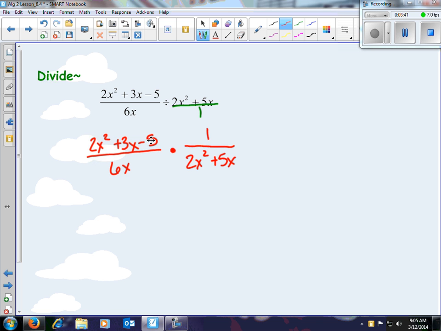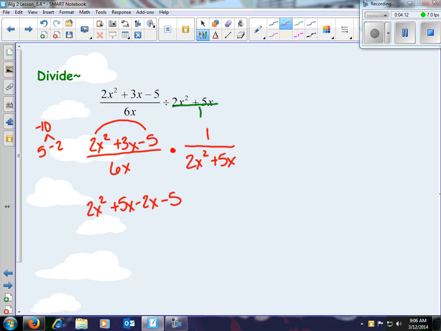Now I'm going to go through and factor all of my pieces. To factor this thing, I have 2 times -5 if I'm using the AC method. So I need a number that multiplies to be -10 and adds together to be 3. I can choose 5 and -2. So this top piece is going to turn into 2x squared plus 5x minus 2x minus 5.